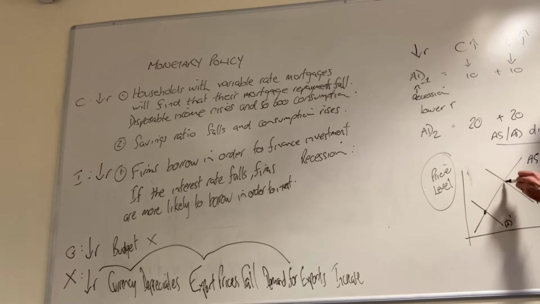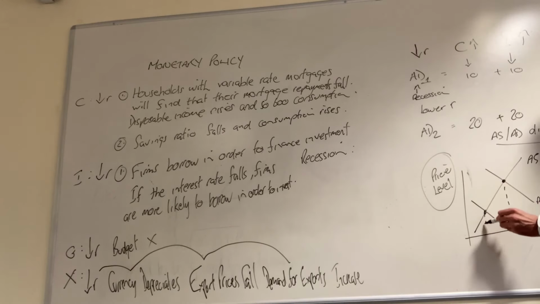And we would need to note what's going on here to Y1 and Y2. So we've got nice expansion there. Expansionary monetary policy. So we've got this Y1, so the level of output in the economy has gone up to Y2.